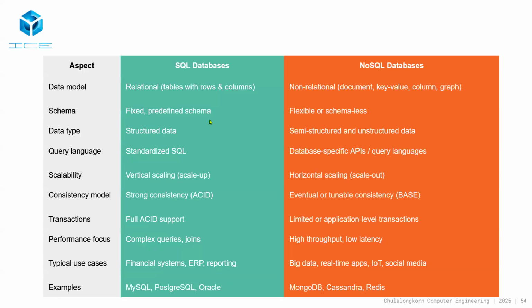For the data type, within SQL, we call it structured data, and for NoSQL, it's semi-structured or unstructured. For query language, SQL is the standard used for any relational database, but for NoSQL, it's usually specific APIs for each type of NoSQL, or query languages of its own.